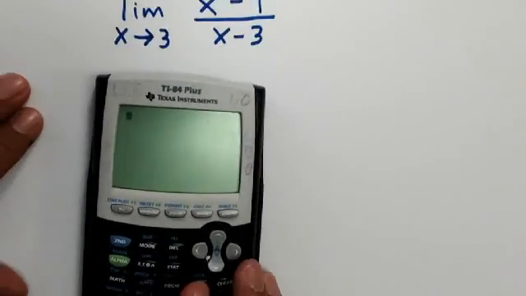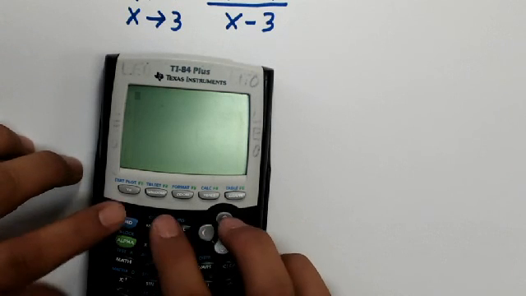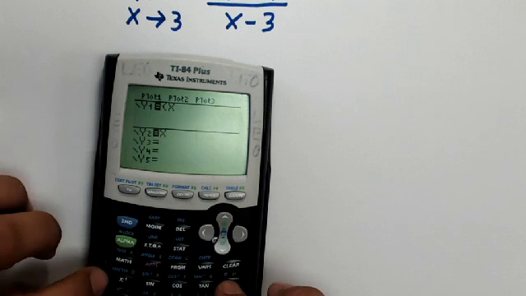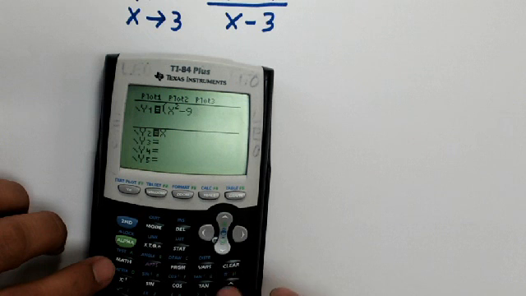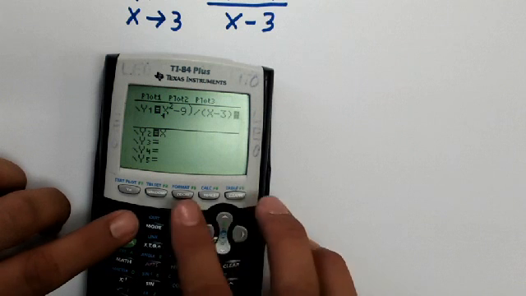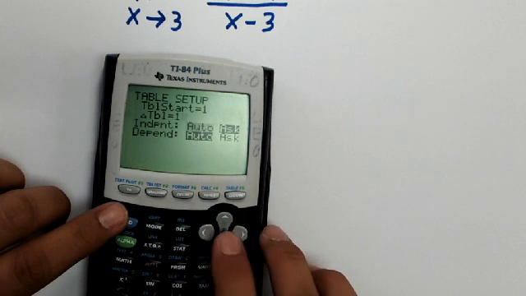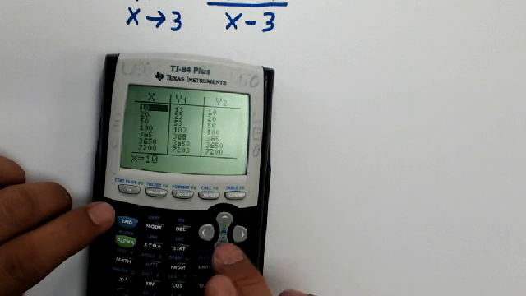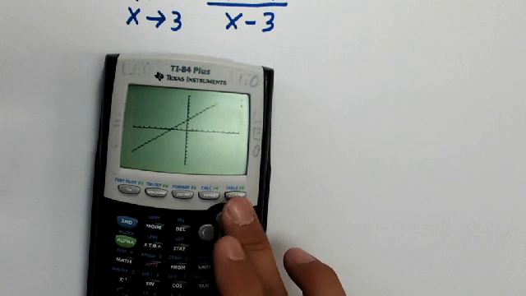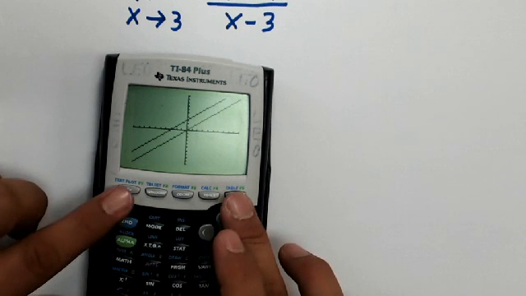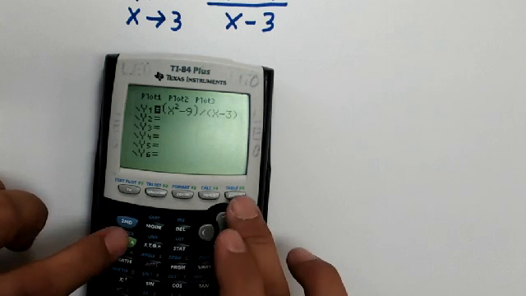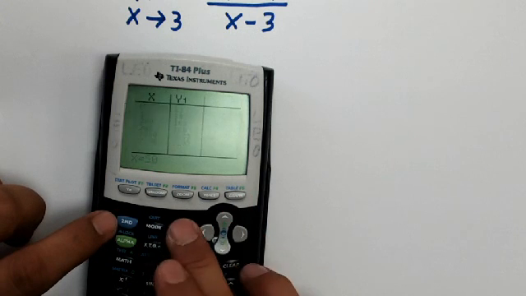Now, if we're checking, we go to the y equals screen, we put x squared minus 9 over x minus 3, and then we go to table set, we put the ask mode, and then we go to the table. Get rid of any other graph that's there. We go to the table and we go to the ask mode.